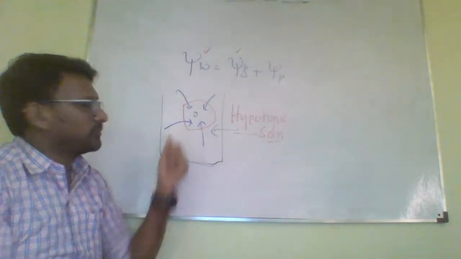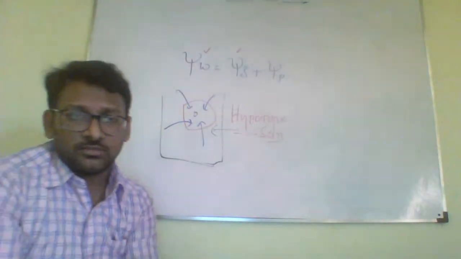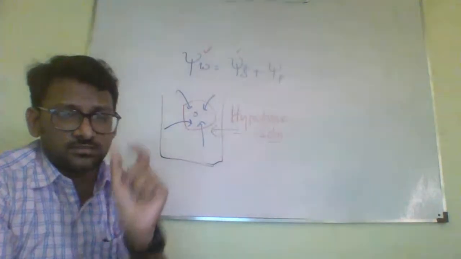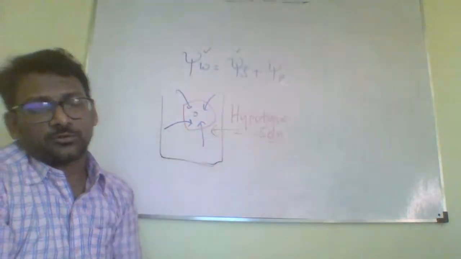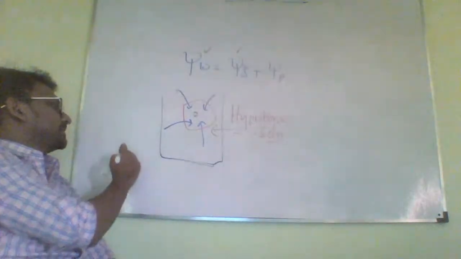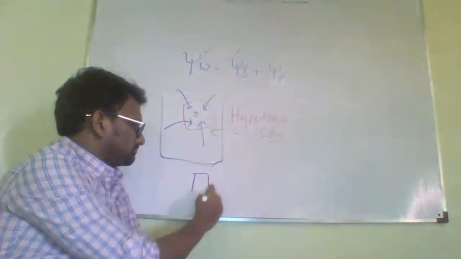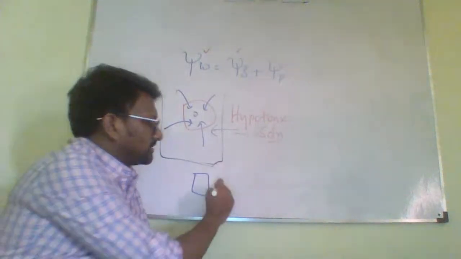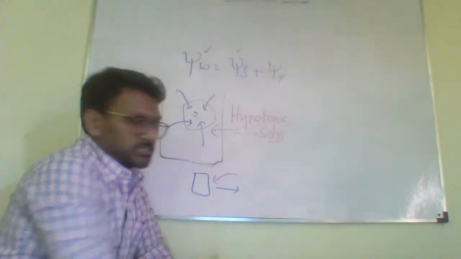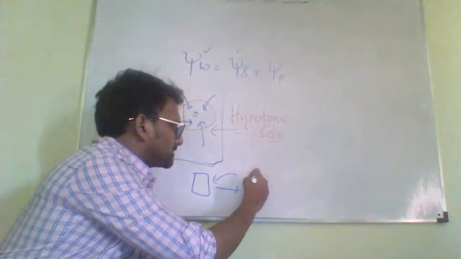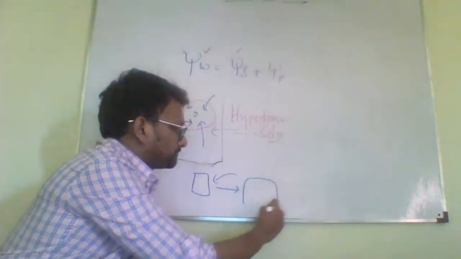So now if you measure the cell length or the cell size. Before you place it in the hypotonic solution, the cell size would be like this. After placing into the hypotonic solution, the water enters into it, and finally it becomes turgid like this.